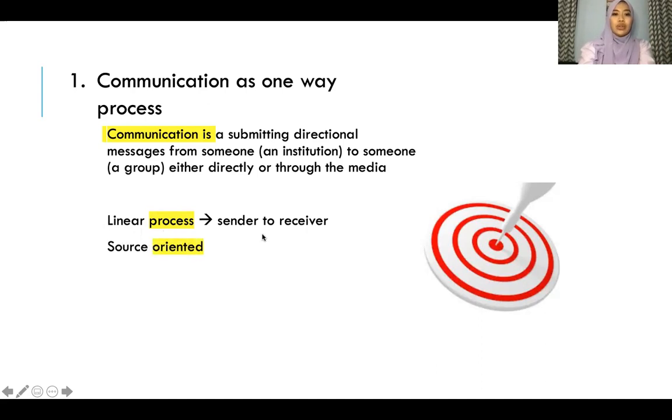The orientation of this process is source oriented, because the person who leads the communication process is the speaker or the communicator.